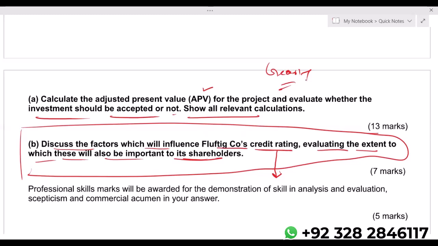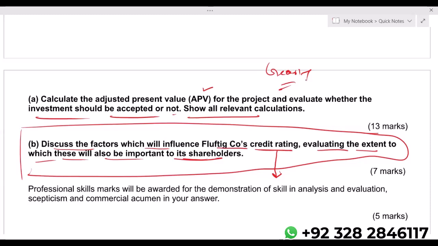So students, there are multiple factors you can write. And let me tell you one more thing. They're asking us the factors that affect the credit rating. So earnings protection, management, political stability, gearing, profitability, industry.